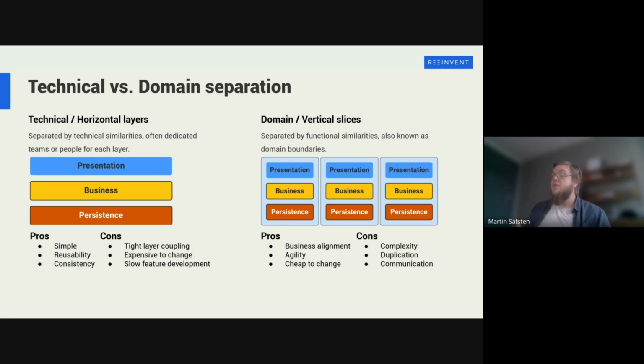So the layer coupling is very high, and I think a lot of you have worked in large legacy systems that use somewhat this structure, and over time this layering tends to become a big mess of dependencies and usages all over the place.